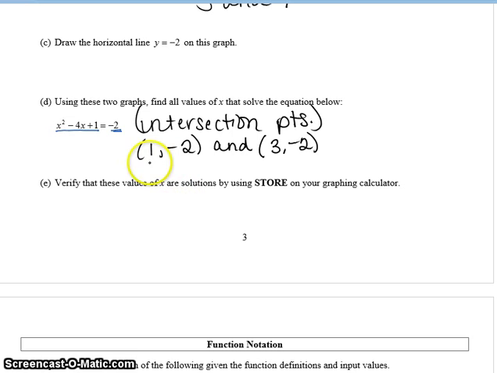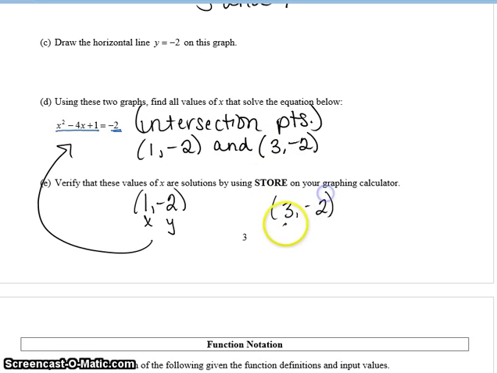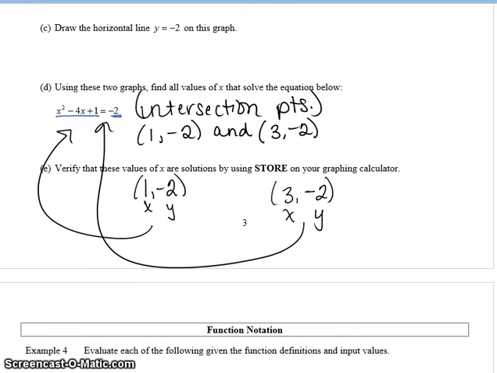So basically, if you store, for example, that coordinate 1, negative 2, you store 1 as x and negative 2 as y. And then when you plug it into this equation, it would tell you true. And then you also have to do the same thing for 3, negative 2. Store 3 as your x and negative 2 as your y. Plug it back into that equation, and it will tell you true as well.